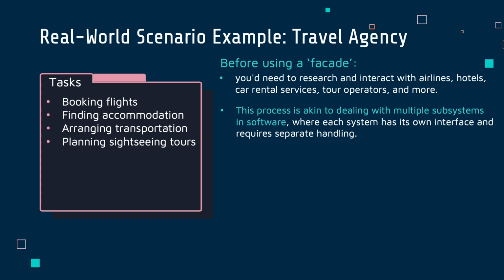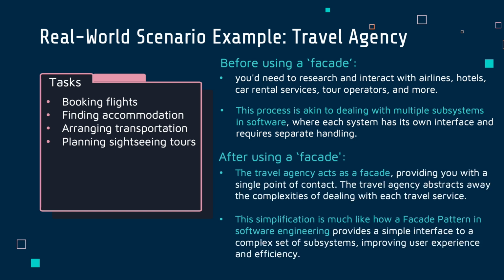This process is akin to dealing with multiple subsystems in software, where each system has its own interface and requires separate handling. Now, consider using a travel agency. The travel agency acts as a facade, providing you with a single point of contact.